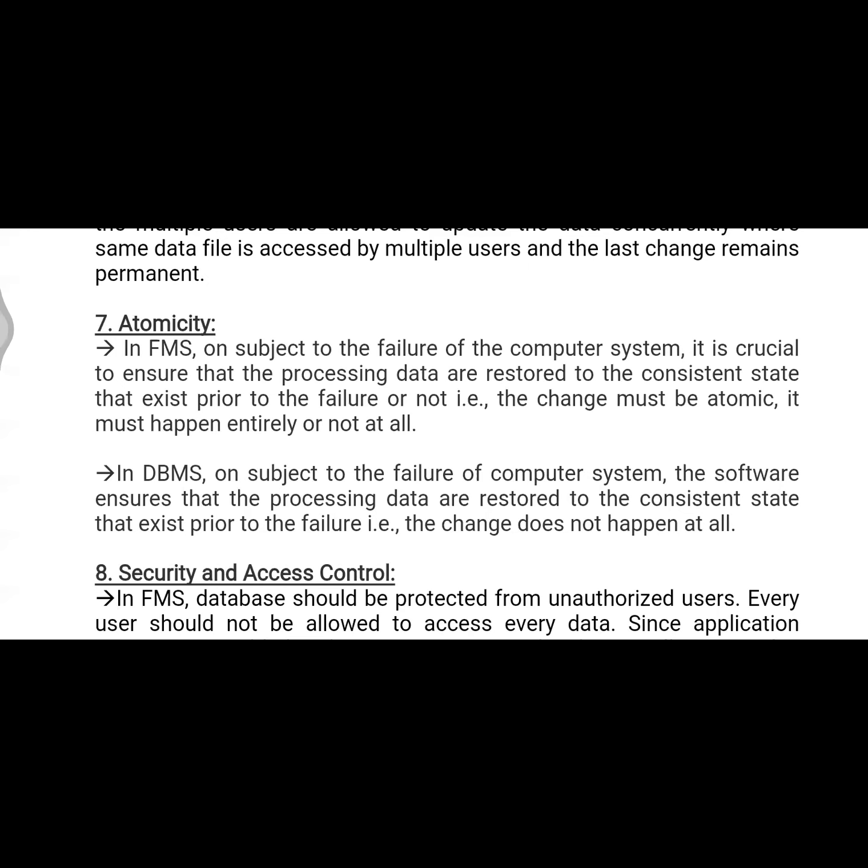Atomicity in the file processing management system: subject to the failure of the computer system, it is crucial to ensure that the processed data are restored to the consistent state that existed prior to the failure. So a change must be atomic. It must happen entirely or not at all.